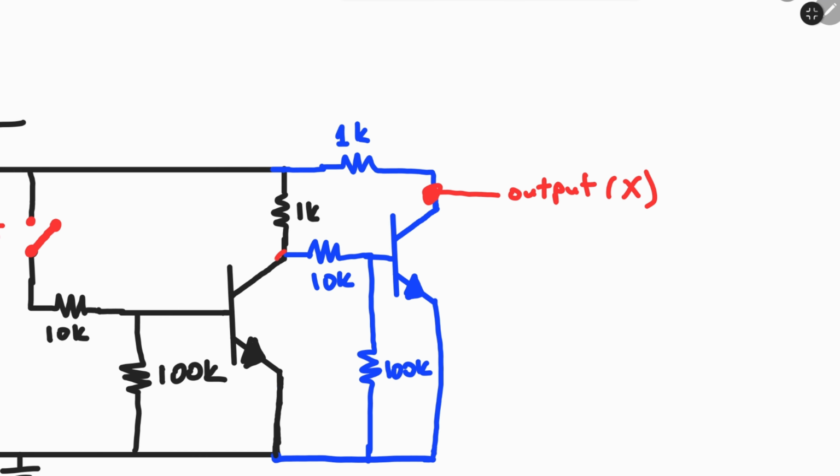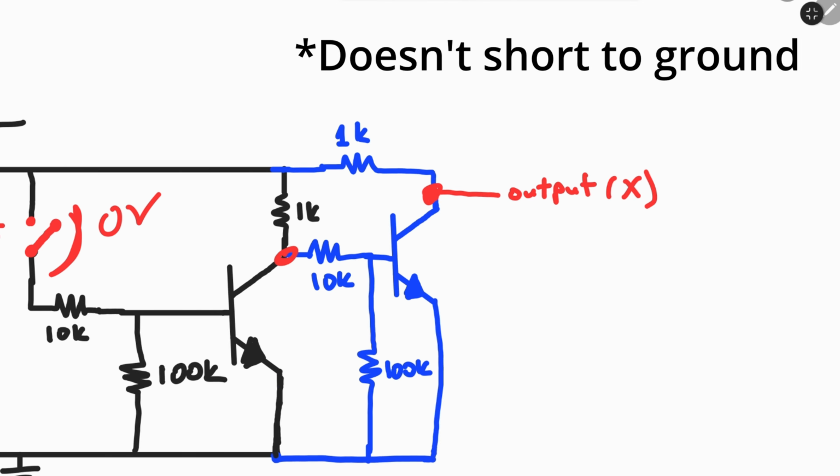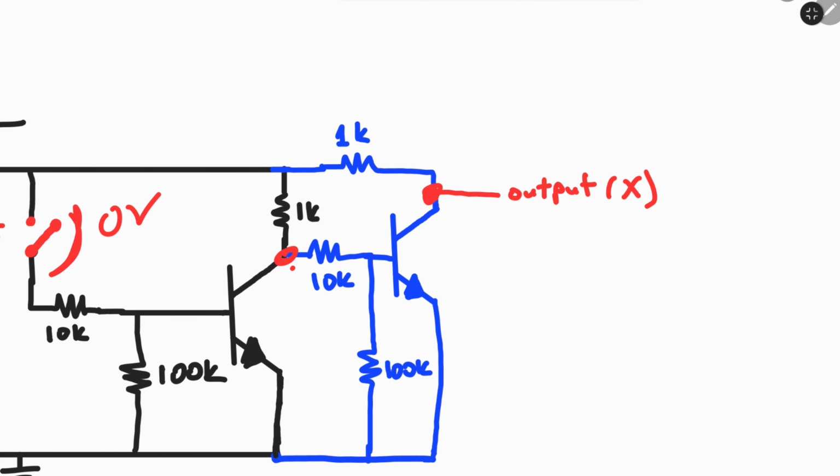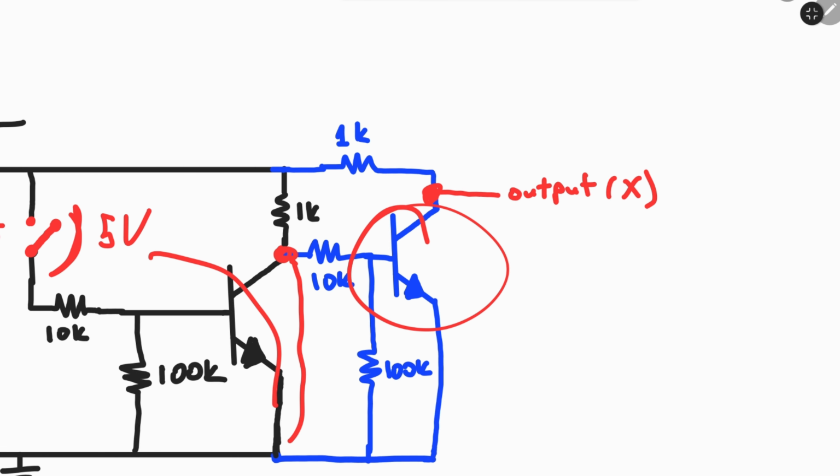And in order to get 5 volts here, our output must be 0 volts, so that this NPN doesn't turn on and short this location to the ground. So this is now 5 volts, and then we turn that one on. But if the transistor is getting 5 volts from here, it turns on, and we are shorting this location to 0 volts. So then this transistor turns off, and this stays at 5 volts, getting it from there.